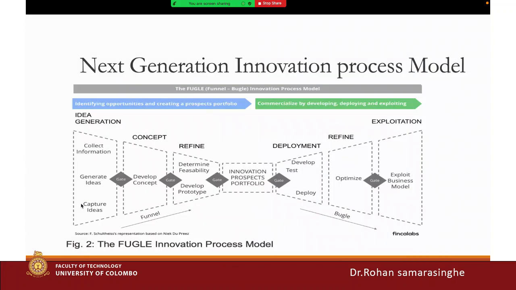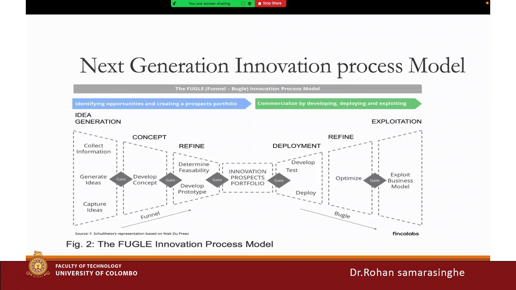But the next generation innovation process model is like that. The innovation process model was actually introduced recently. First, idea generation: collect the information and always analyze the customer's unmet or unsatisfied need.